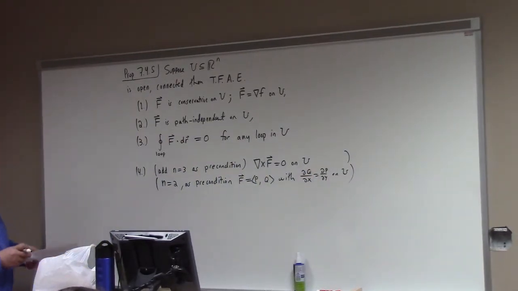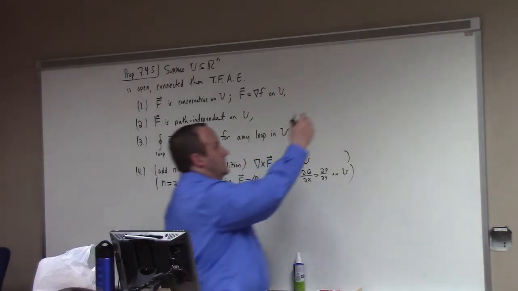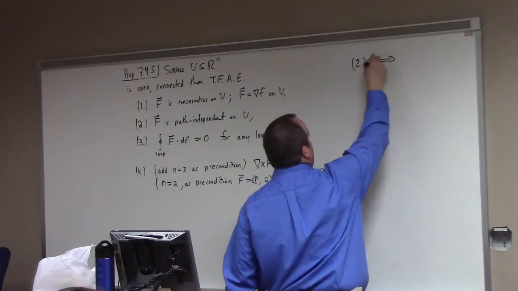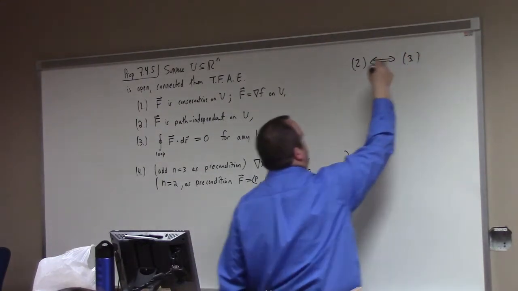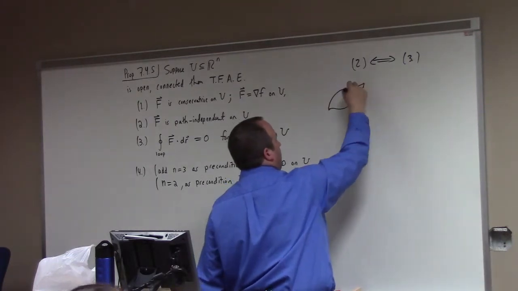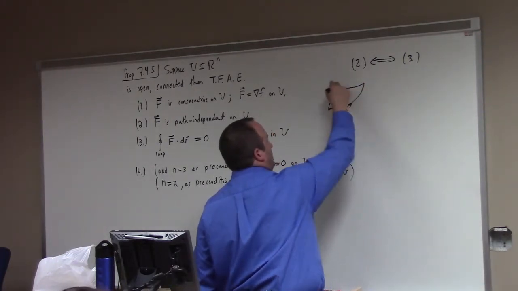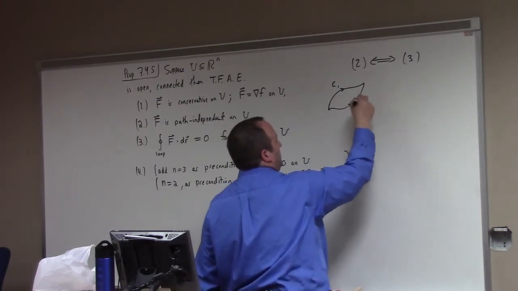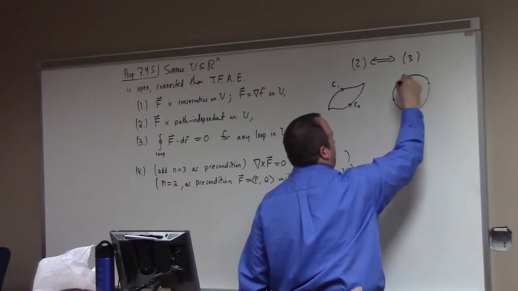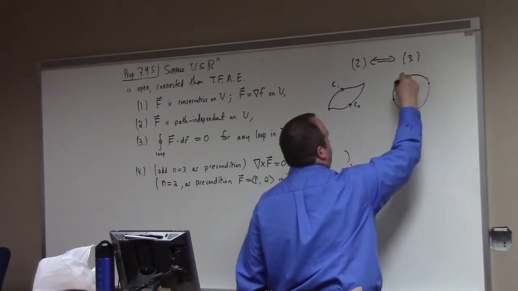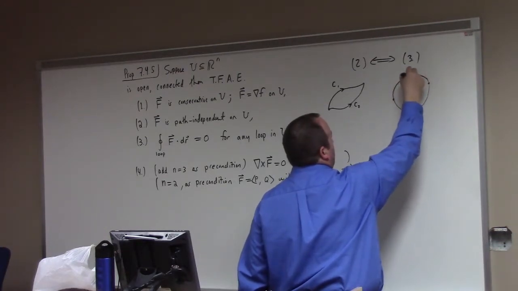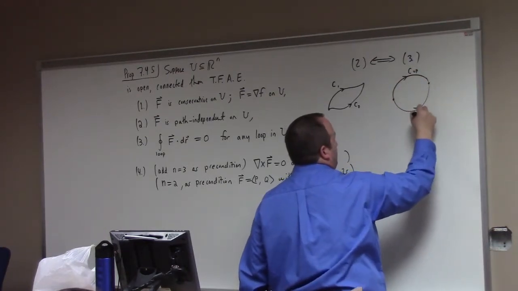I've already proved for you, so again, 2 if and only if 3 essentially follows from the fact that, with 2 path independent, we can go from point 1 to point 2 along C1 or C2, versus taking a loop, right? Taking a loop, for a given loop, we can divide it up into an upper piece and a downer piece.